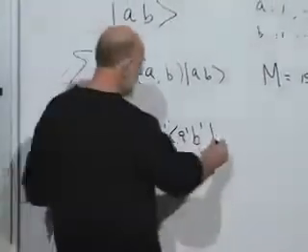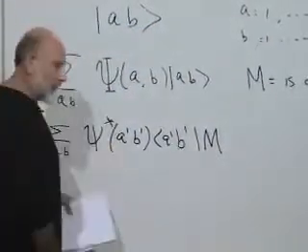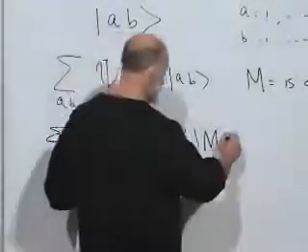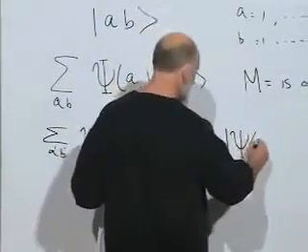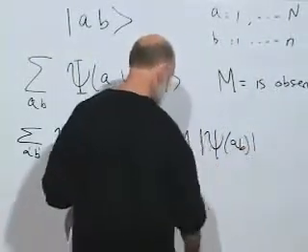Now we're going to multiply that by M, and now the ket vector, which looks exactly the same, except we won't have a complex conjugate. Psi of A and B, |AB⟩.